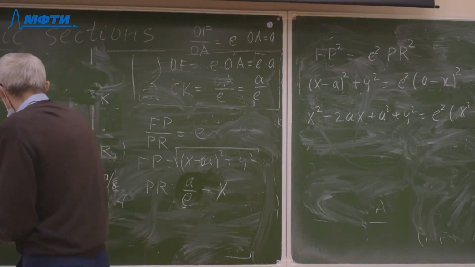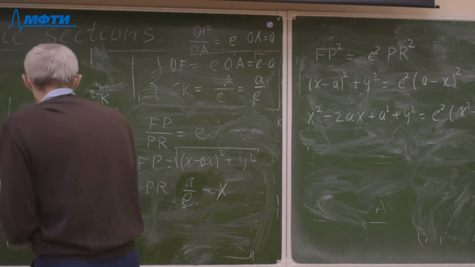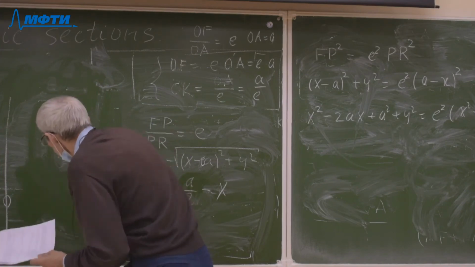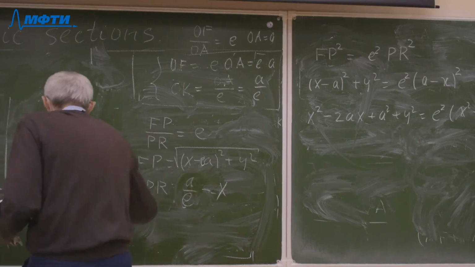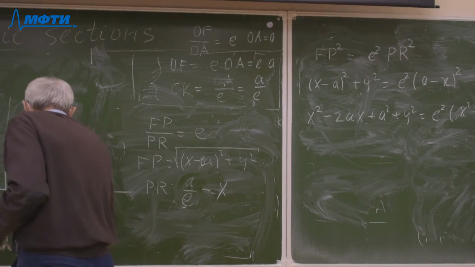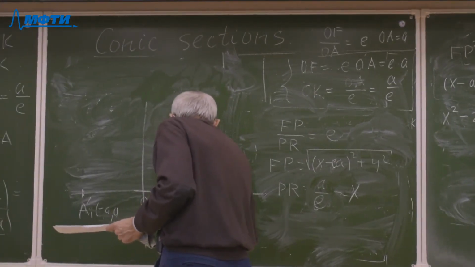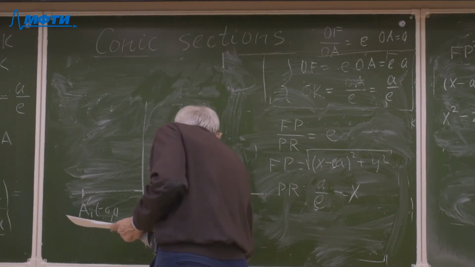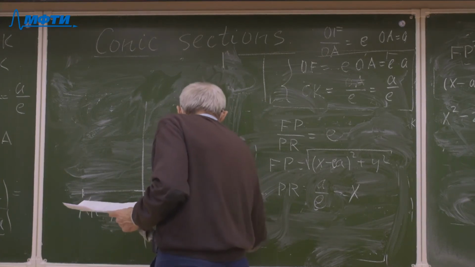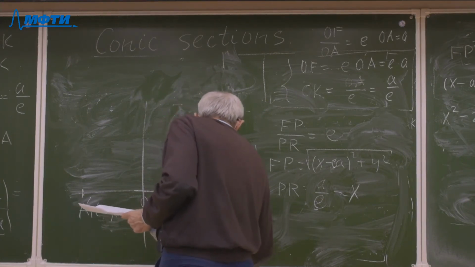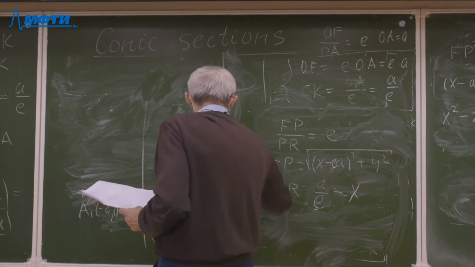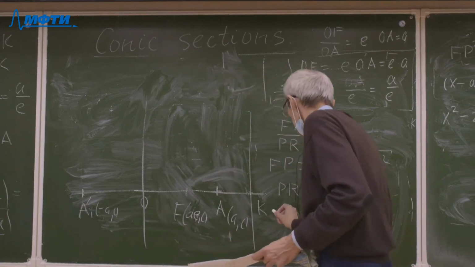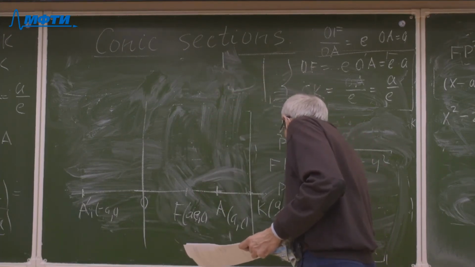Excuse me. F has a coordinate eA, 0, A has coordinate a, 0, and K has coordinate the ratio a over e, 0.